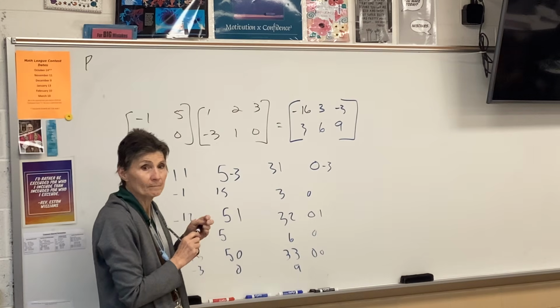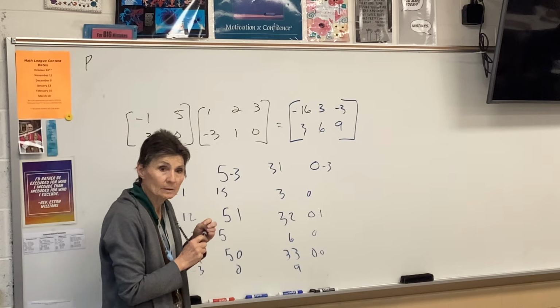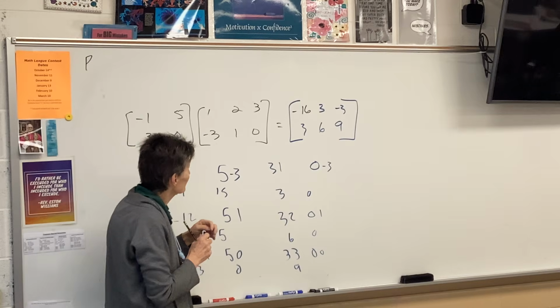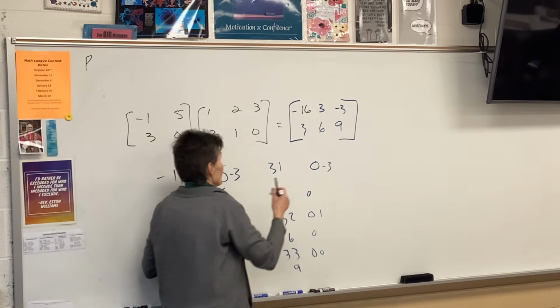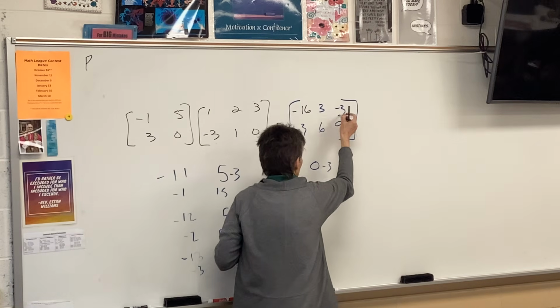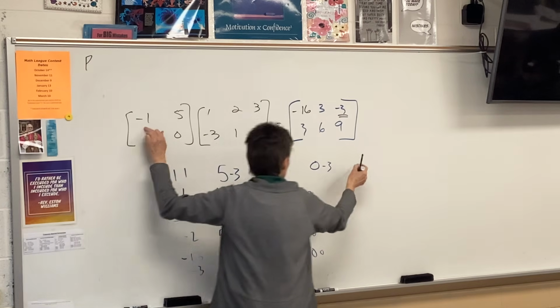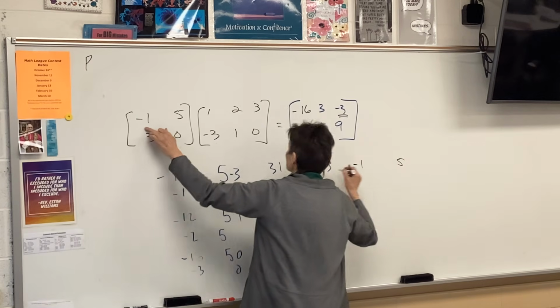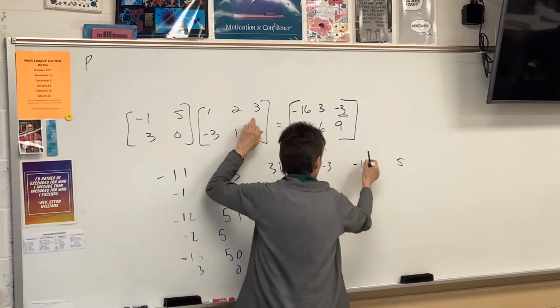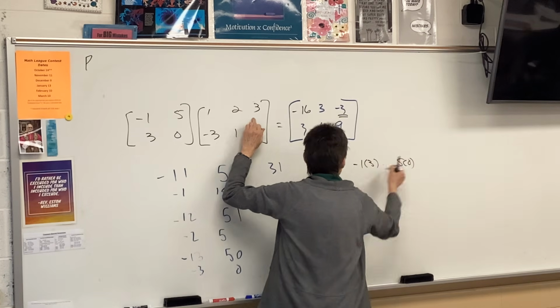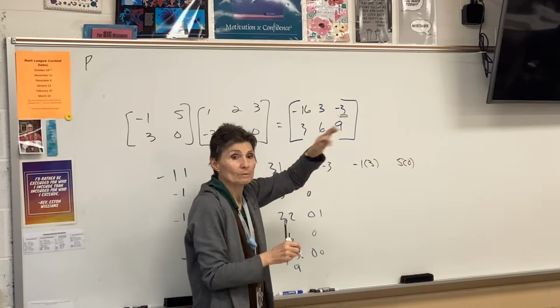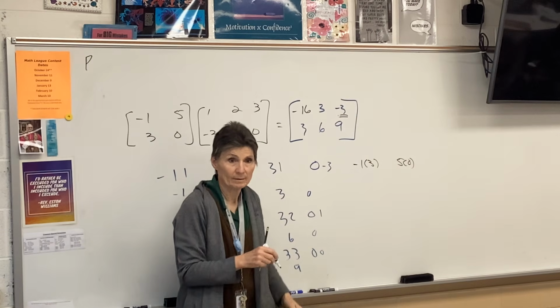Does that look good? How do you get the last two numbers on the right? The third column. So, let's say this number right here is in row one, column 3.